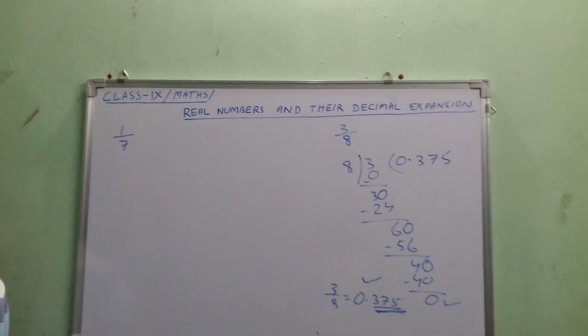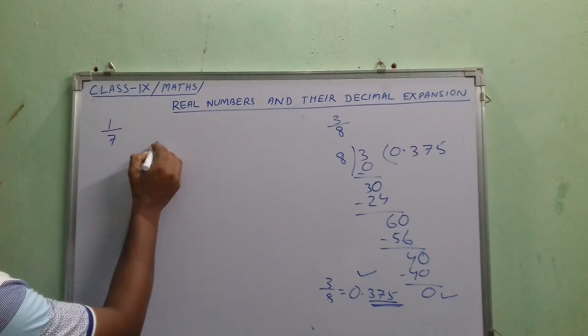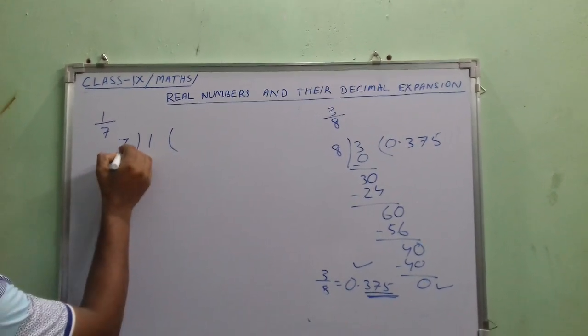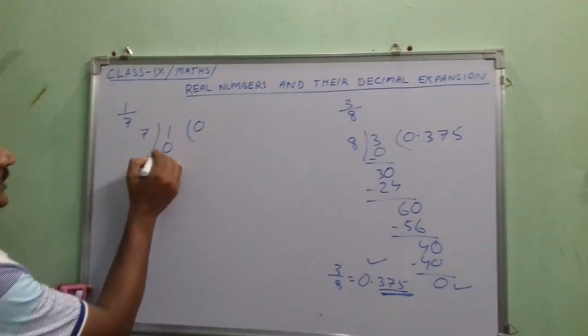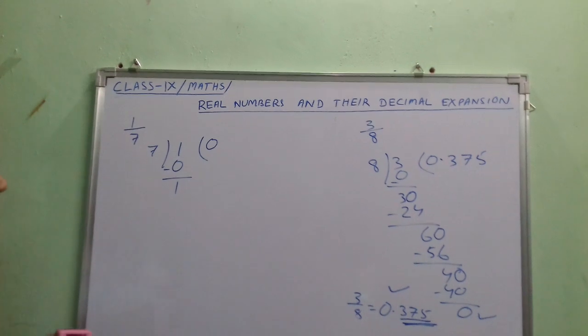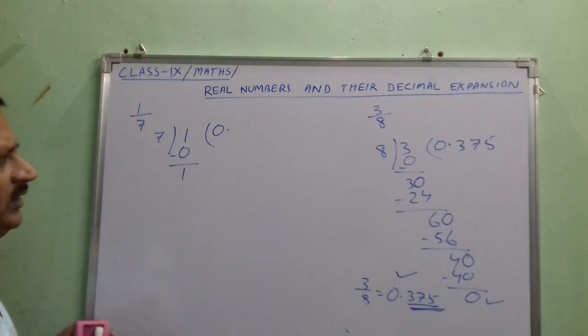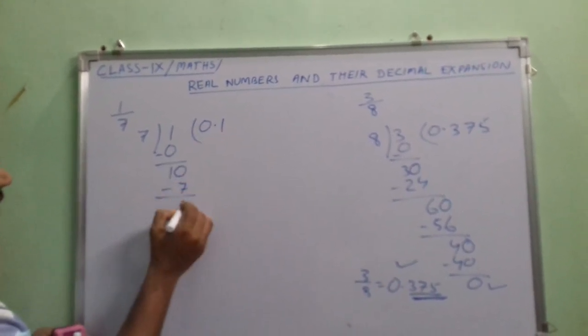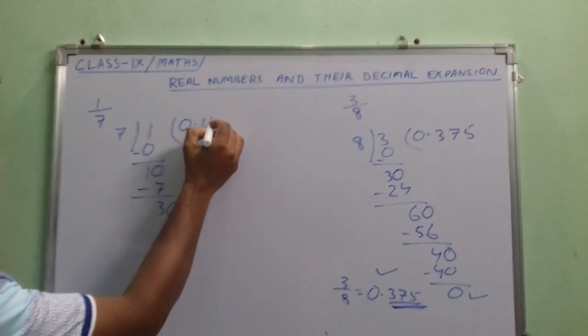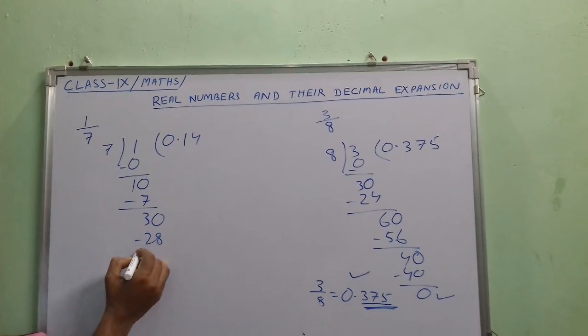Let us divide 1 by 7. If I divide 1 by 7, I have 7 0 0, I get 1. Now take decimal and 0 here. So 7 1 is 7. Again if I continue, 7 4 is 28.